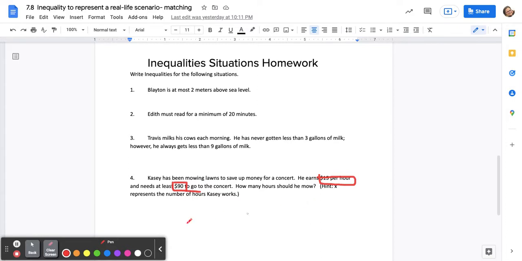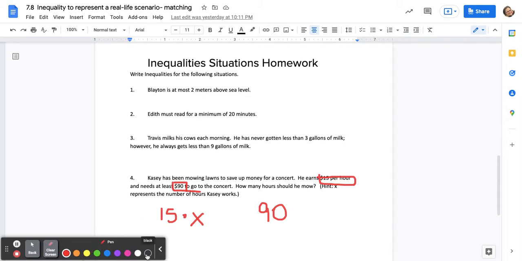If I say 15 per hour, that's the same thing as 15 times the number of hours that he's going to work. That's what I'm comparing first, to $90. The 15 per hour times hours is the total amount of money that he makes.